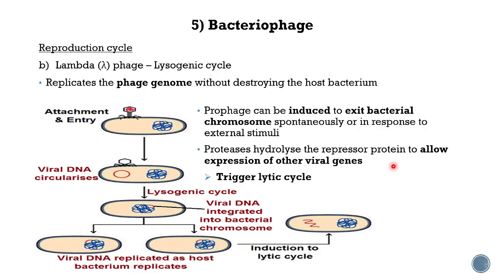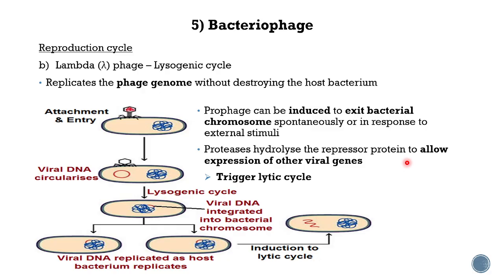One of the proteins being hydrolyzed is actually the repressor protein that is coded for by the viral DNA. Once this repressor protein is hydrolyzed, the transcription and expression of all the other viral genes are no longer stopped. So that's where the viral gene that codes for capsomeres will be transcribed, and capsomeres will be made. All the other viral proteins will be made.